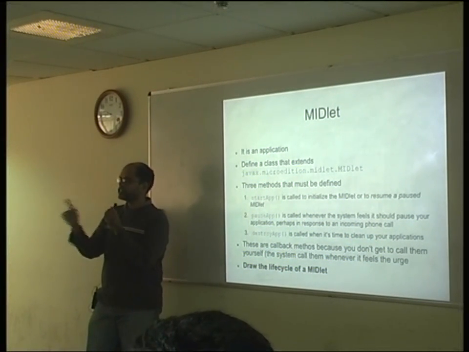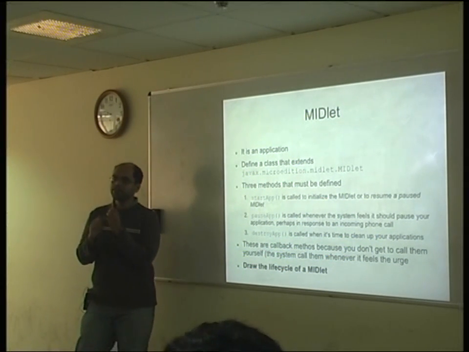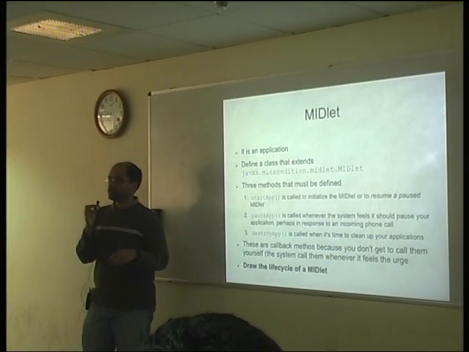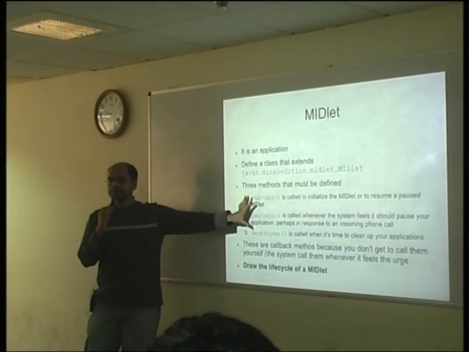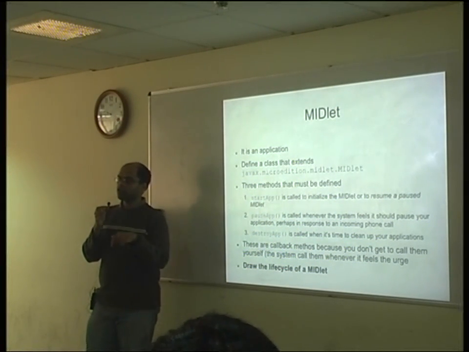You are not continuously listening for where the mouse is and whether it is moving. It's all event driven, and that's what is called a callback. The operating system will call back. You will never start anything. There is no main function. Even startApp is called by the operating system.